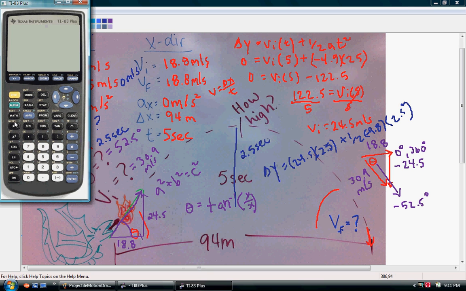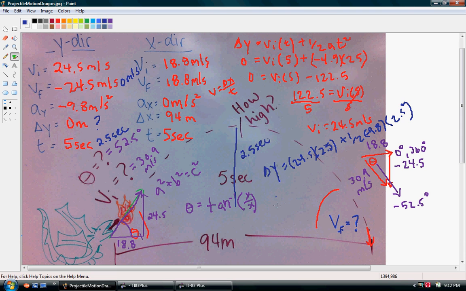Alright, so we could say 24.5 times 2.5, we get 61.25, and then we're going to subtract, or I guess we could add, 0.5 times negative 9.8 times 2.5 squared. And we get 30.6. So it went a height of 30.6 meters. And we're done.